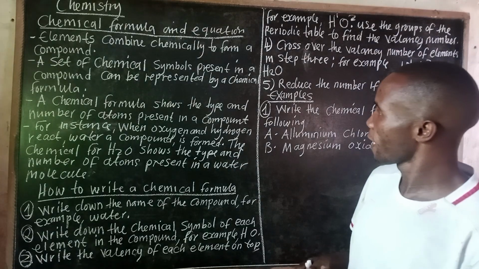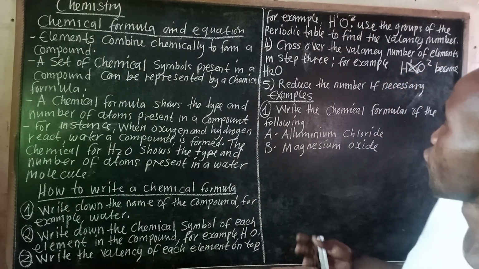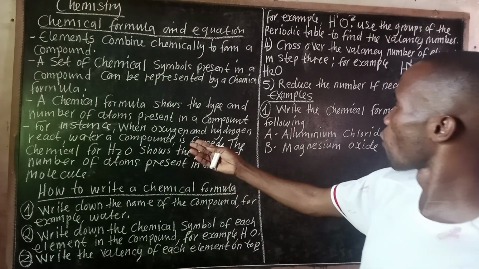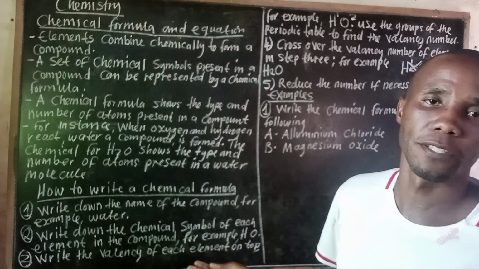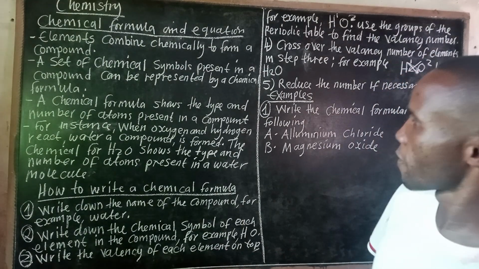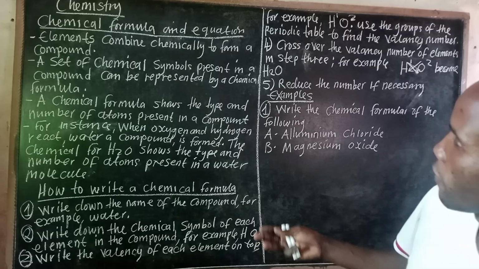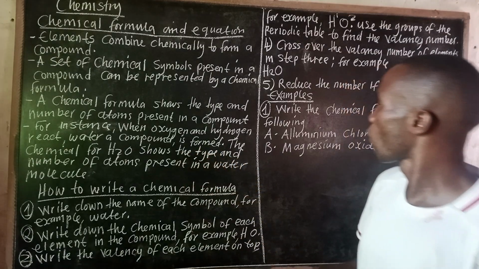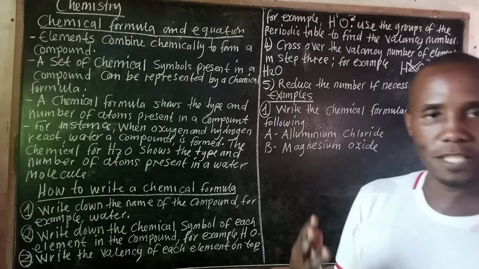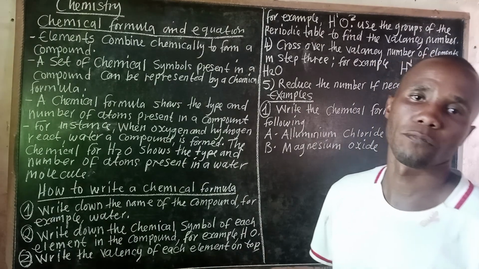Then point 3, a chemical formula shows the type and number of atoms present in a compound. So it is the chemical formula that shows that. Very, very important. Then they are saying, for instance, when oxygen and hydrogen react, water, a compound, is formed.